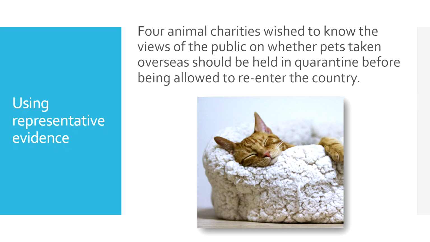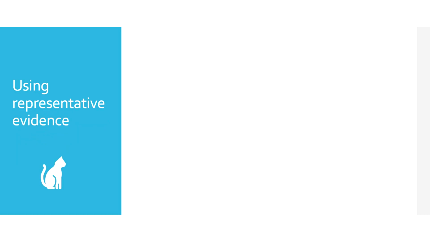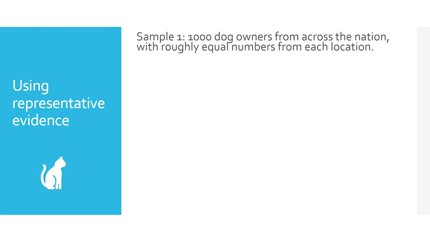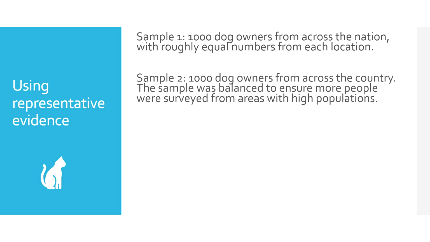Now, using representative evidence. In this example, four animal charities wish to know the views of the public on whether pets taken overseas should be held in quarantine before being allowed to re-enter the country. Now, using a representative sample or representative evidence. Sample 1, you've got 1,000 dog owners from across the nation with roughly equal numbers from each location.